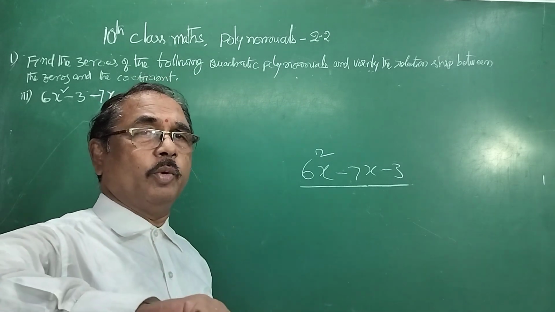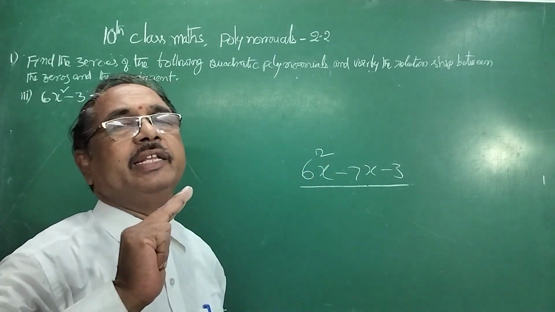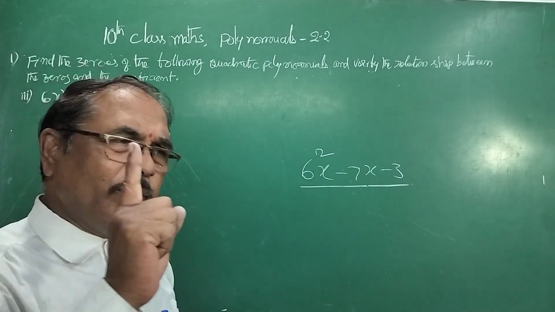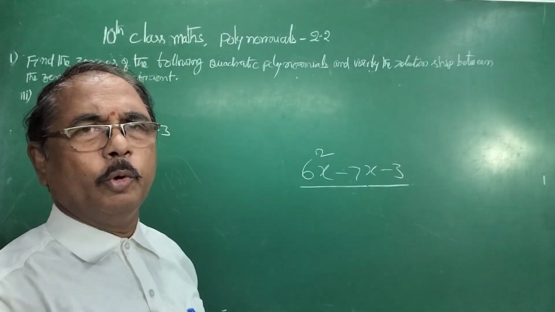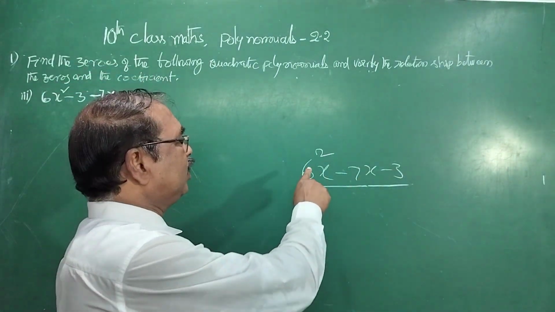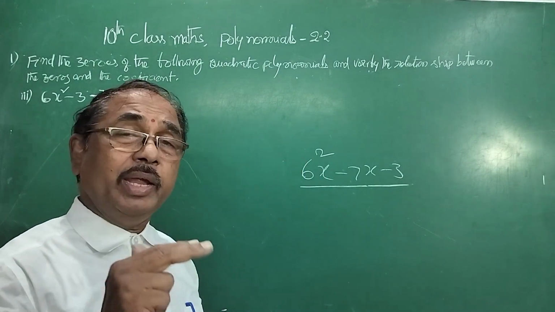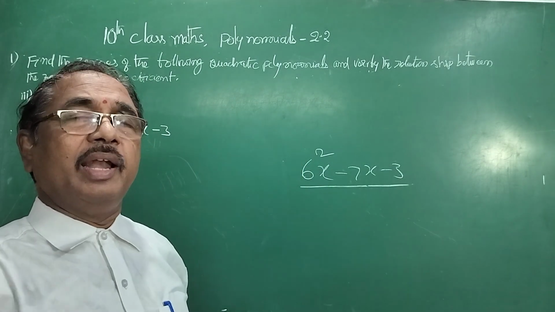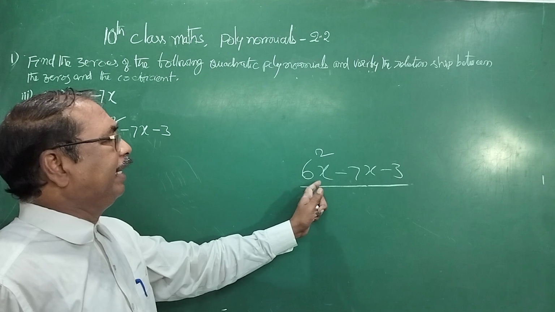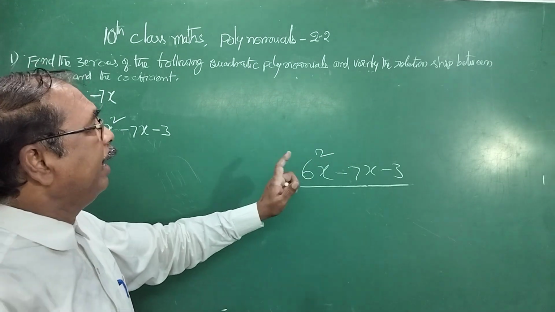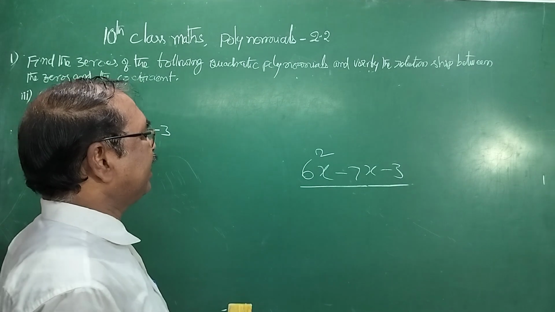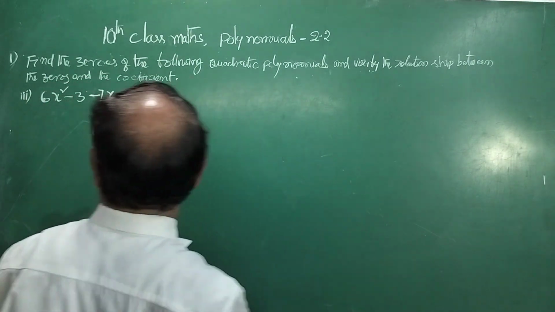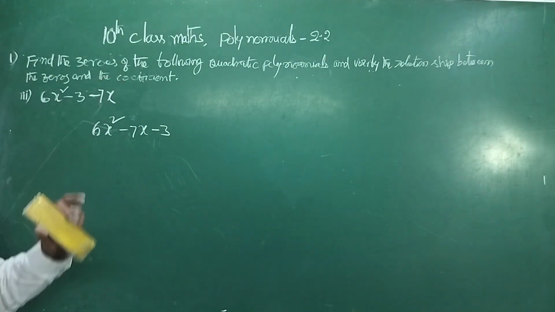When the highest exponent is 2, that is a quadratic polynomial. If the highest degree is 1, that is a linear polynomial. If the highest degree is 3, that is a cubic polynomial. Like that we divide. Yes, it is a quadratic polynomial because the highest degree is 2. For this quadratic polynomial, we have to find the zeros.